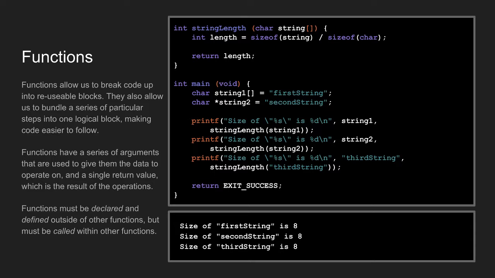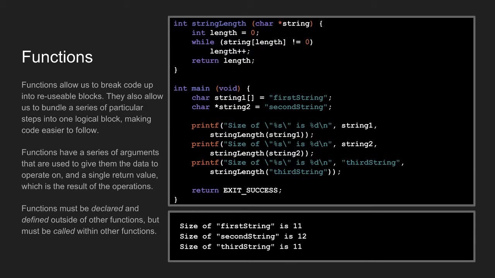So we can create a slightly smarter string length function, and we can use the fact that all strings end with a 0, a byte equal to 0, in order to calculate that. So we have our length. We originally set it to 0, and we say, whilst the character in the array of string, because we can treat all pointers as arrays as well, it works both ways.